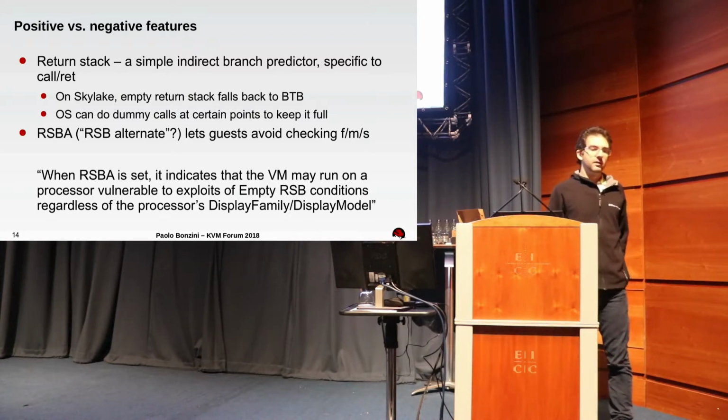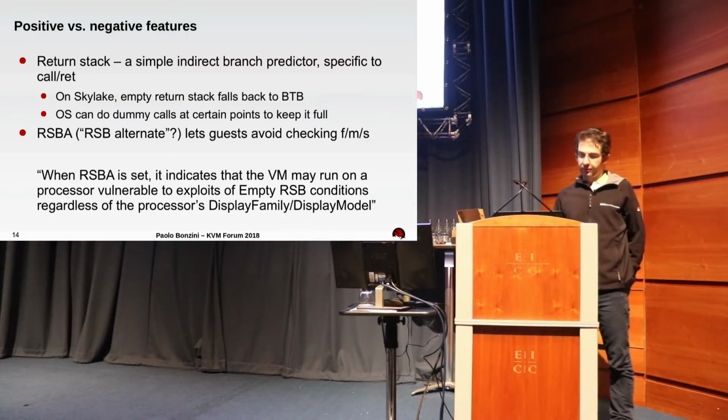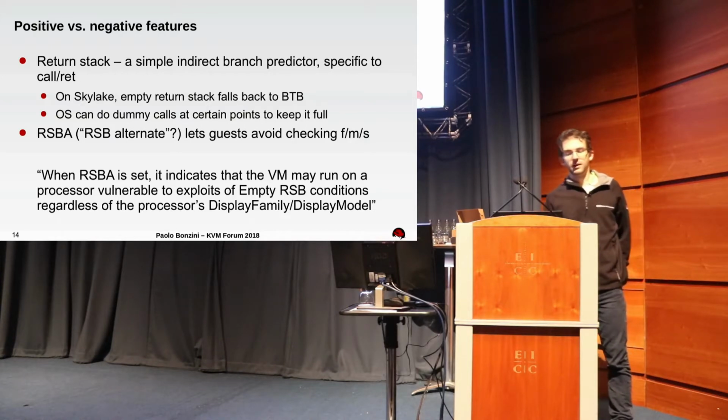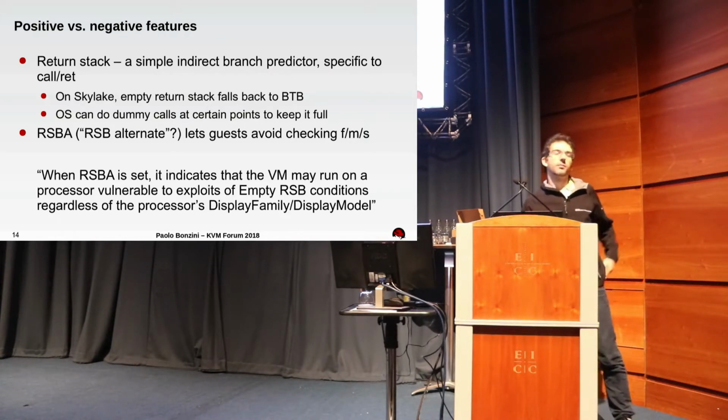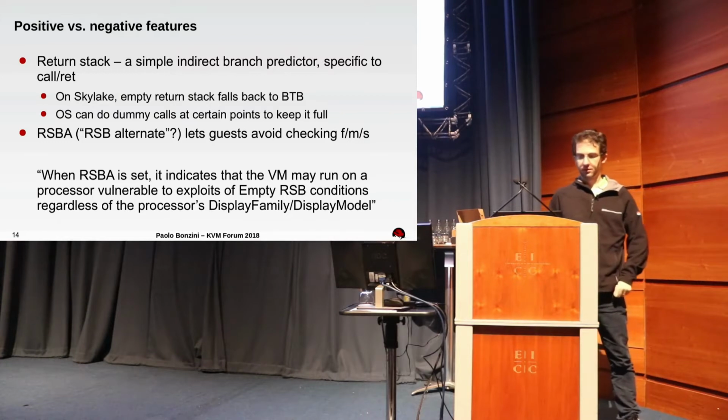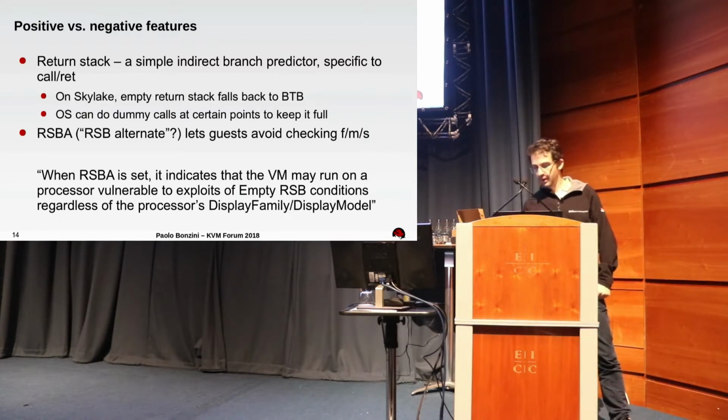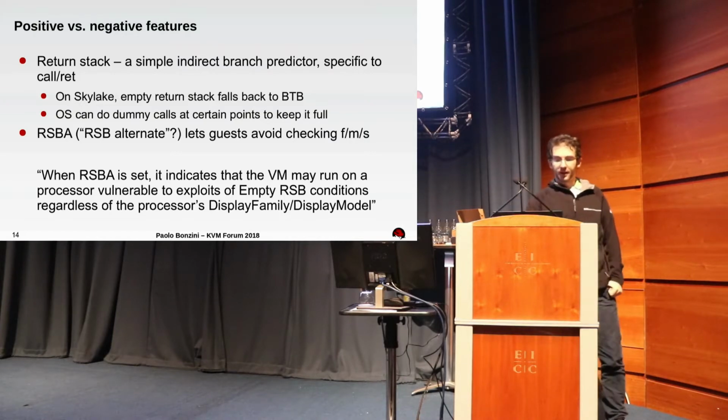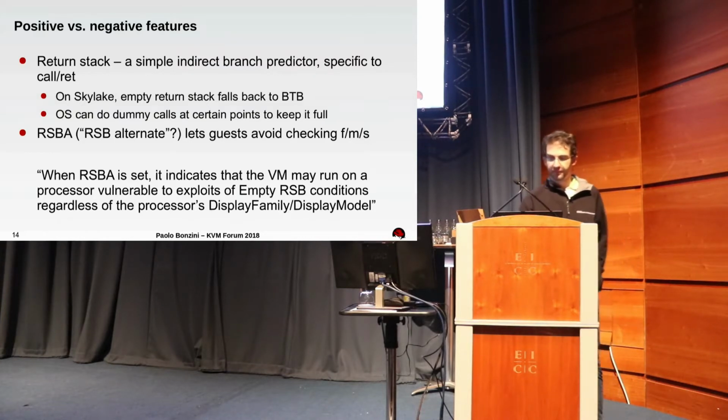The way to check whether you should do these dummy calls is to check the family, model, stepping, which of course doesn't work on virtual machines. So there is this bit that is called RSBA, and it indicates that the VM may run on a processor vulnerable to exploits of empty RSB conditions, regardless of the family model.